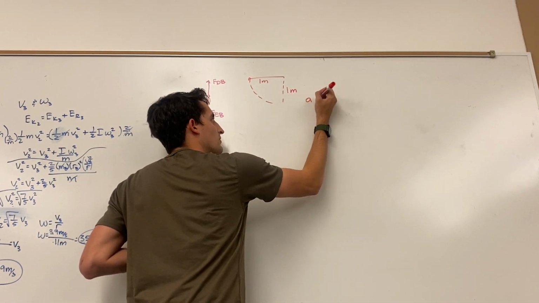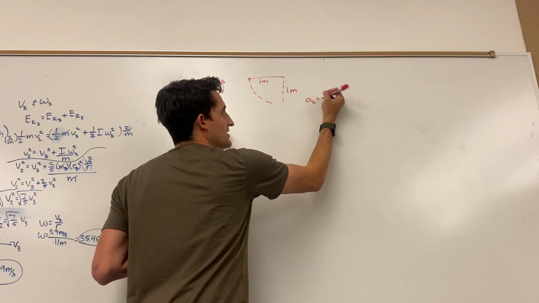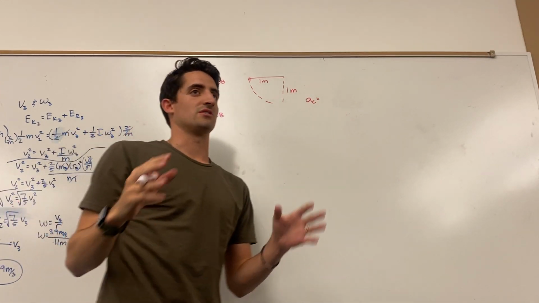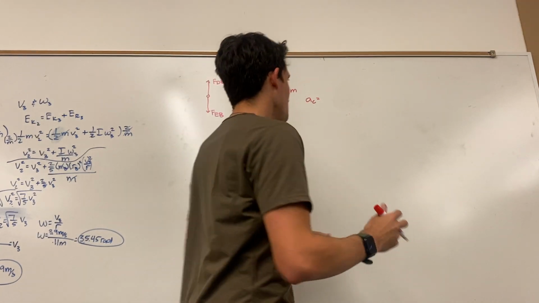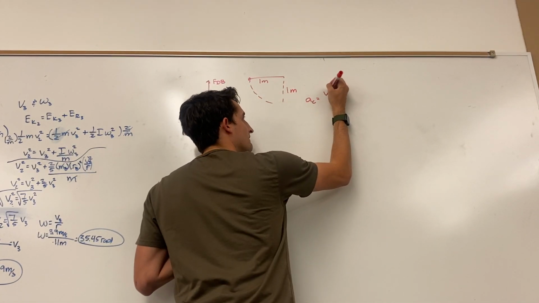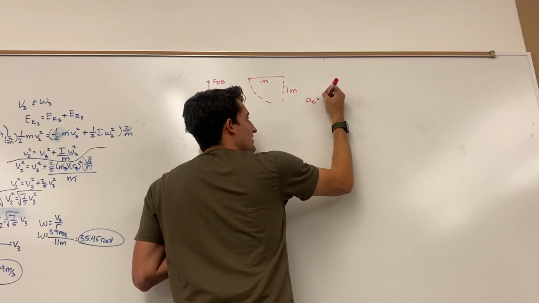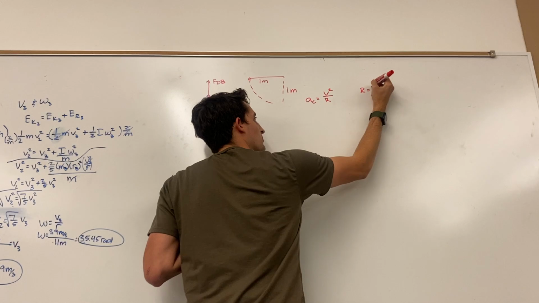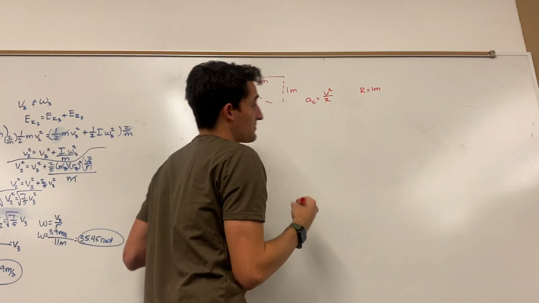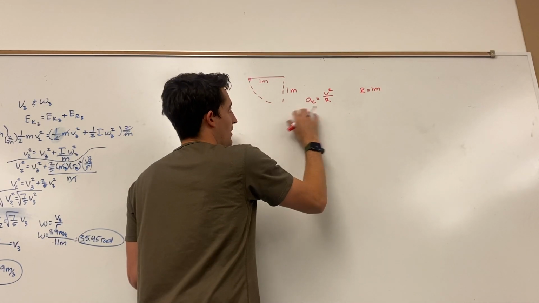We need the centripetal acceleration equation, which is velocity squared divided by r. R in this is going to be 1 meter. So super easy. Now we can use the force diagram.